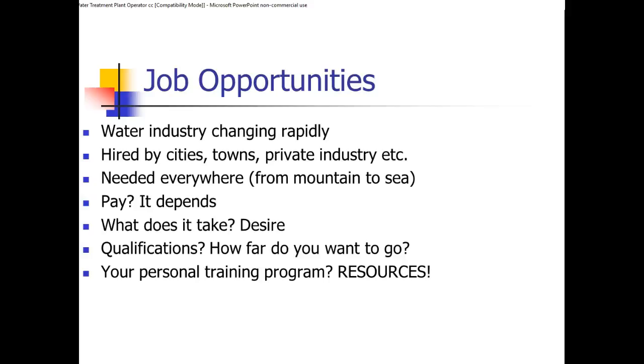Or you can get a 2-year degree in water resources management from Columbia. Or you can get a 4-year degree and become a civil engineer. Or you could become a hydrologist. You could get an MBA, and there's certainly PhDs. So again, depending on how far you want to go, it's your option, and it's just depending on how driven you are and what you want to do.